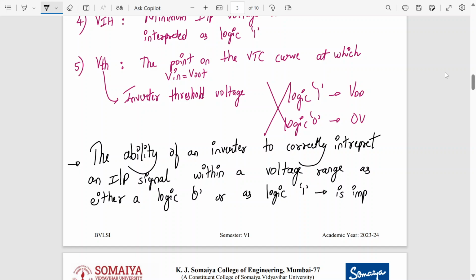This is important. This will allow the digital circuit to operate within a certain tolerance to external signal disturbances.